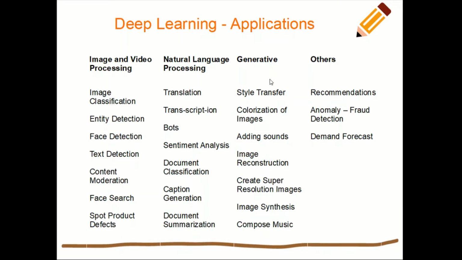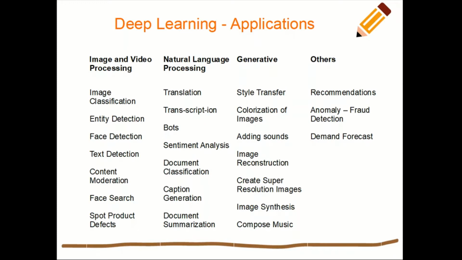Now here comes a very interesting set of applications which fall under the category generative. So style transfer. Let's say there is a picture and we want to see how that picture would look if it was done by some well-known artist.